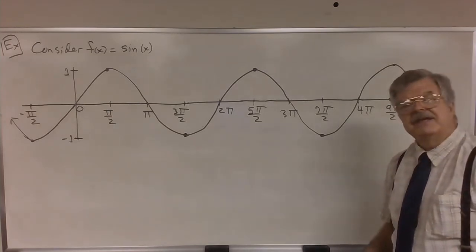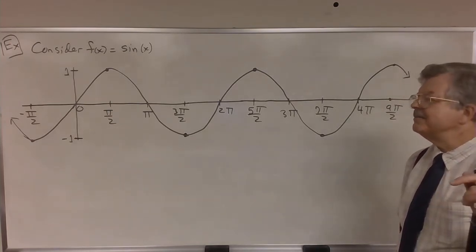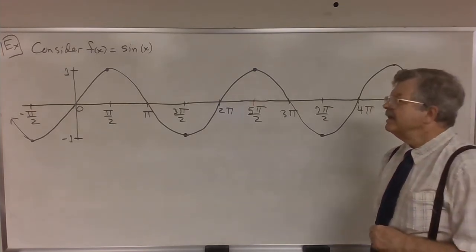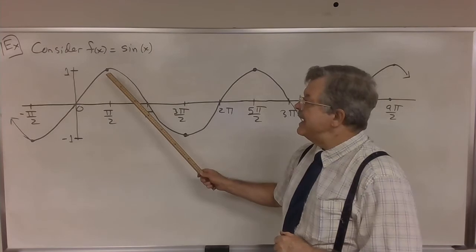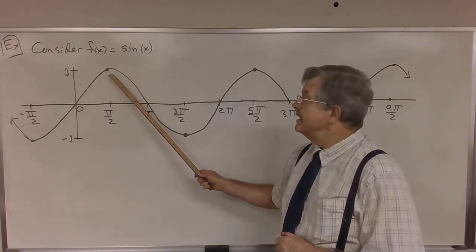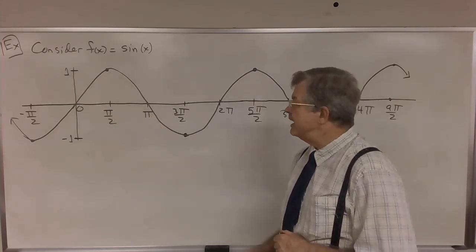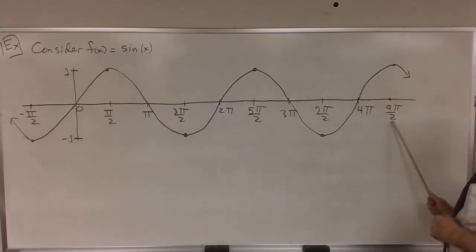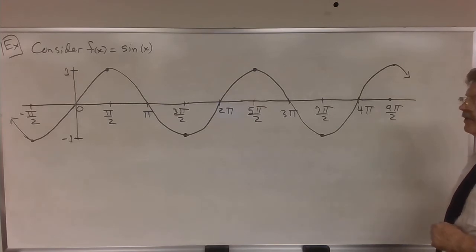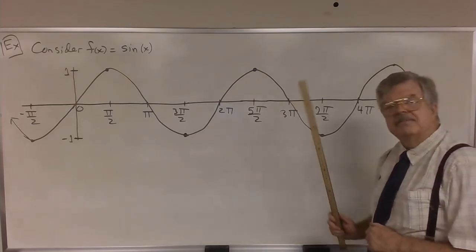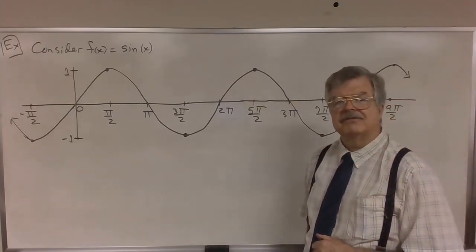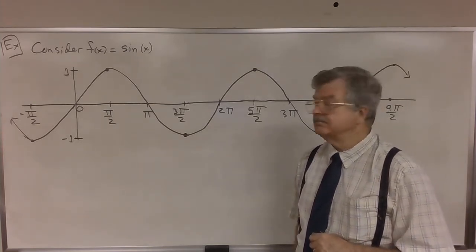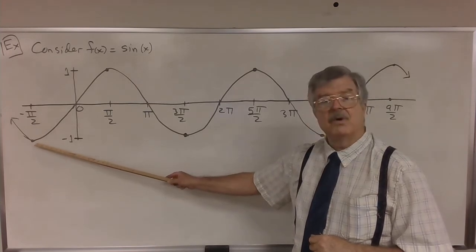And what about the absolute minimum value? It looks like the absolute maximum value is 1, and sine attains that at x equal pi over 2, x equal 5 pi over 2, x equal 9 pi over 2, and so forth. And the absolute minimum value of sine of x, the smallest value that sine of x can attain, is -1, right?